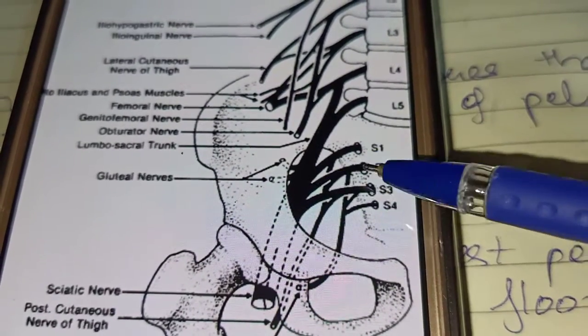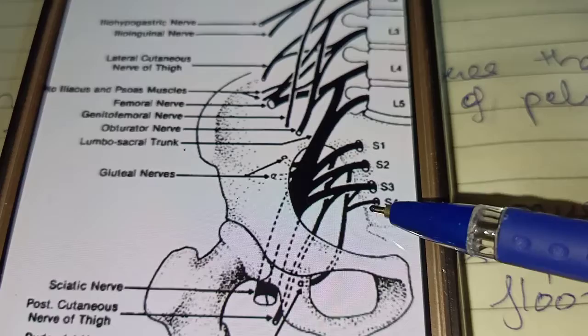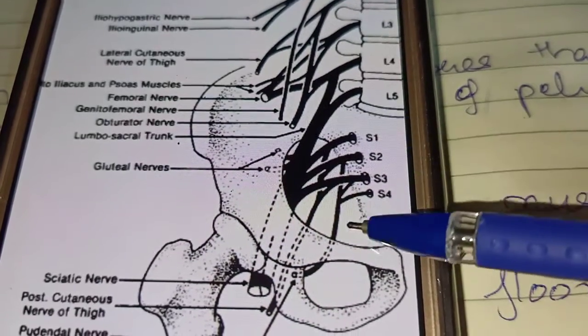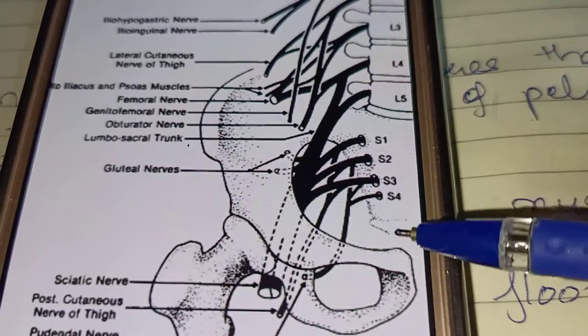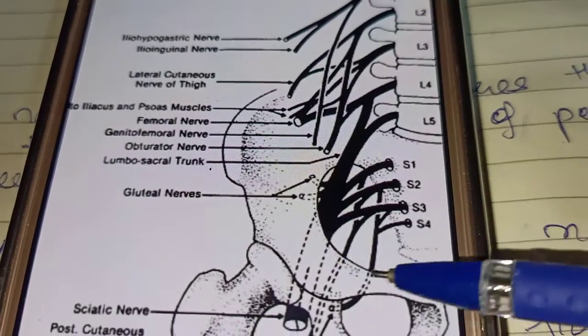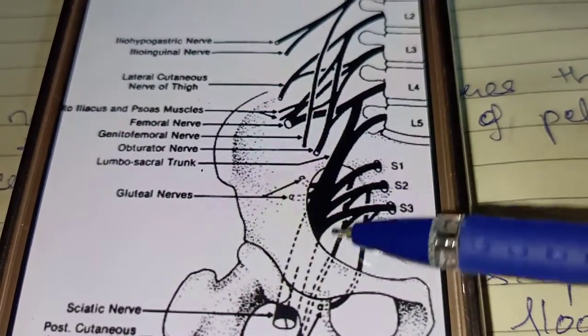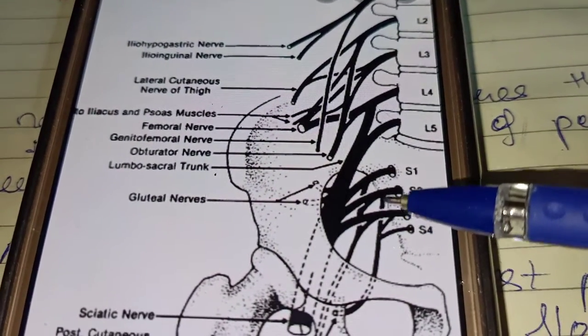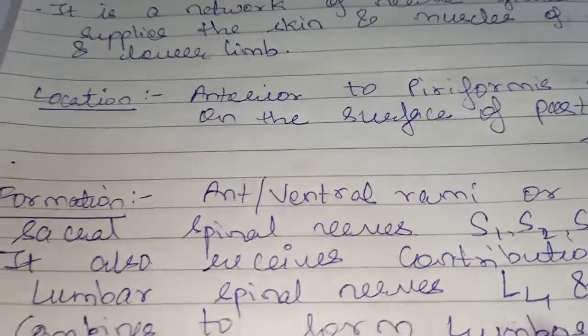So the network of nerves is coming from these vertebrae, canals S1, S2, S3 and S4. And this is the sacral plexus, which is anterior to the piriformis. We'll go into detail of this now. This is the location.